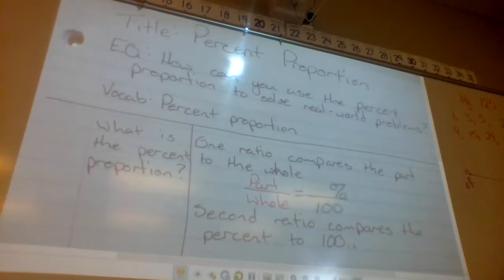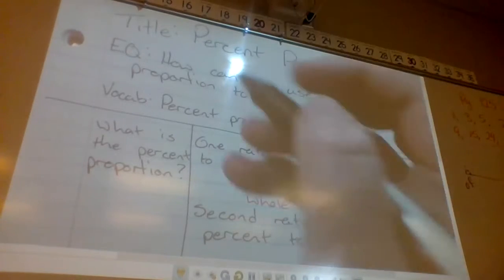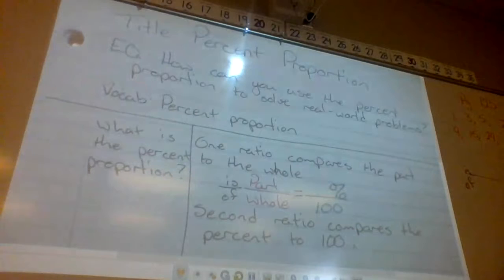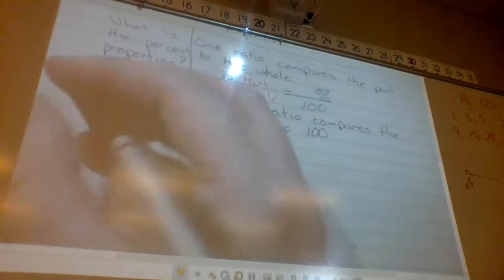Perfect. Every percent is out of 100. No matter what percent you were given, it's always going to be out of 100. Even if you've done extra credit and you have 120%, it's out of 100. There's something else I want you to add on here. We're going to put is over of. Those words will help you with figuring out the part to the whole. All right? So let's get started on these problems.